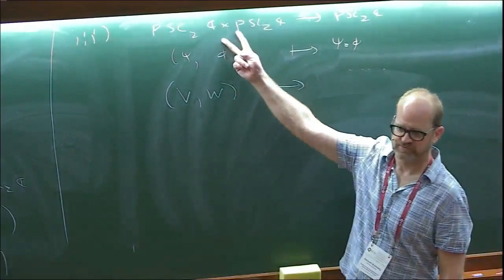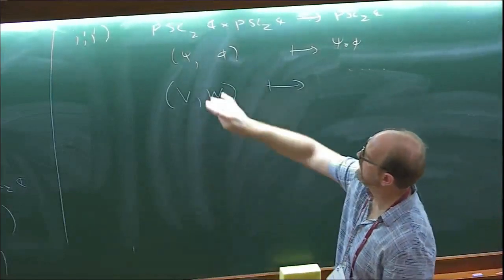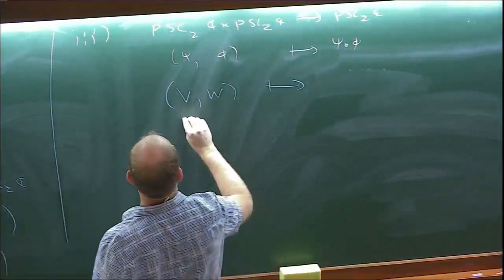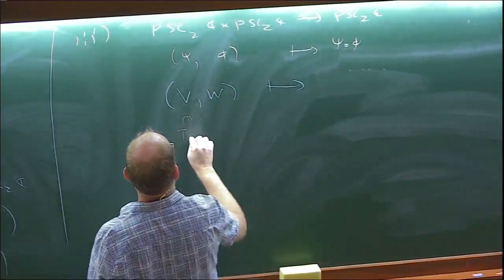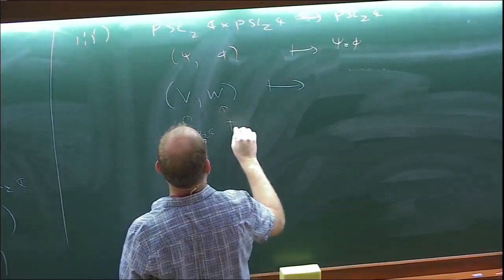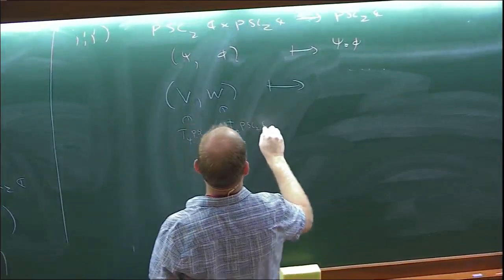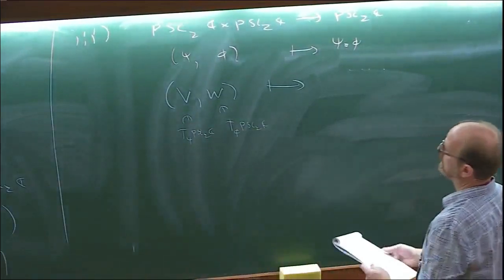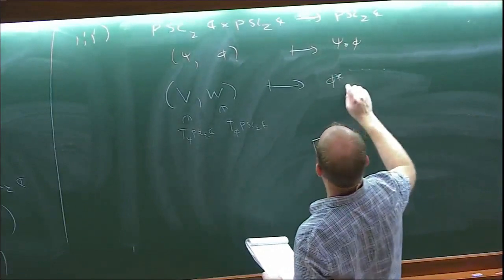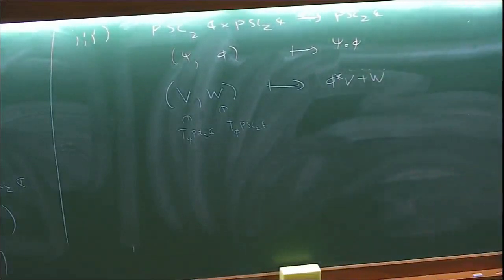So this is like a product rule, right? So what do we get? I'm taking the derivative. This is sitting inside the tangent space of phi. This one is sitting inside the tangent space. Wait, that one's psi. This one's phi. And this is an exercise. What you get here is you get the pullback of v by phi plus w.